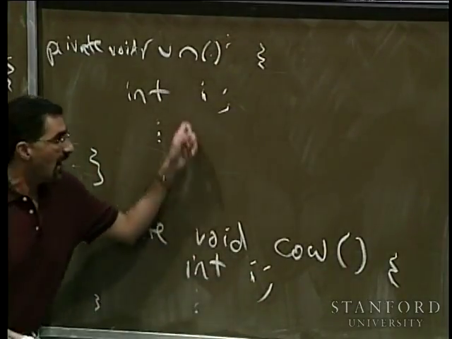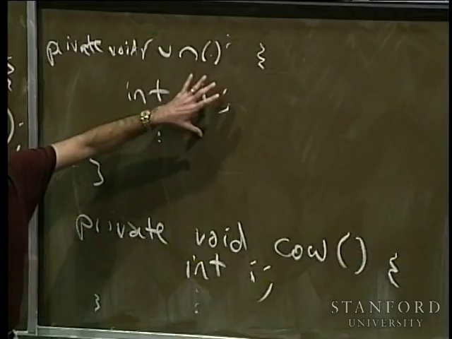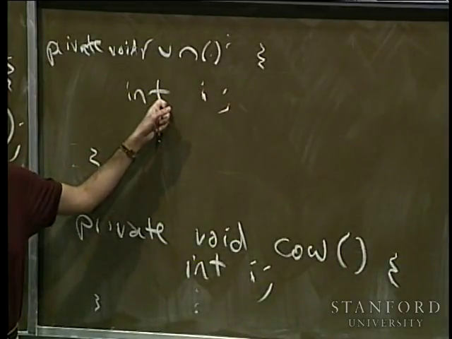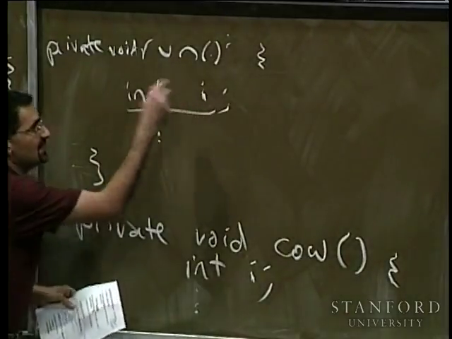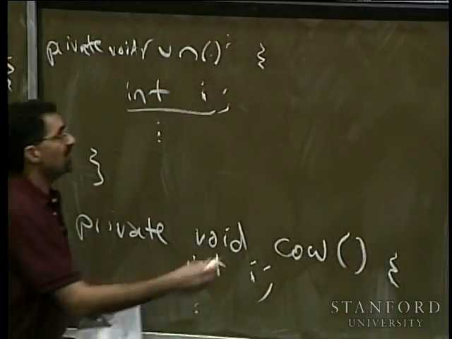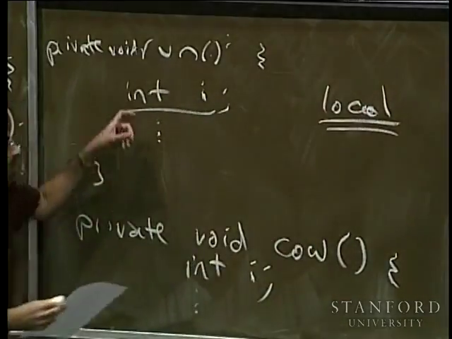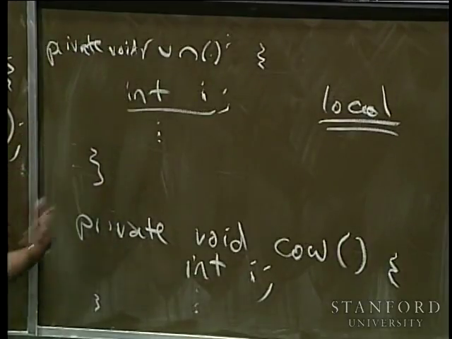And these two integer i's are not the same, because the lifetime of a variable exists only in the method in which it is defined for these kind of variables. And I'll show you some different kinds of variables in just a second. But a variable like this that is declared inside of a method is what we refer to as a local variable. It's a variable that hangs out in its little hood, and its hood is the method that it's declared in. So it's local to its hood.